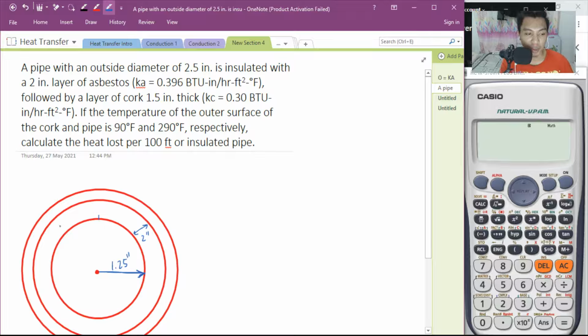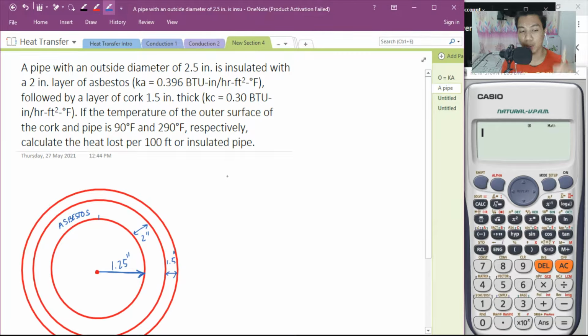Eh, asbestos to. Ayan. Followed by a layer of cork. So, gaano kakapal yung layer ng cork? From here up to here. Layer eh. Thickness yan, ibig sabihin. That is 1.5.